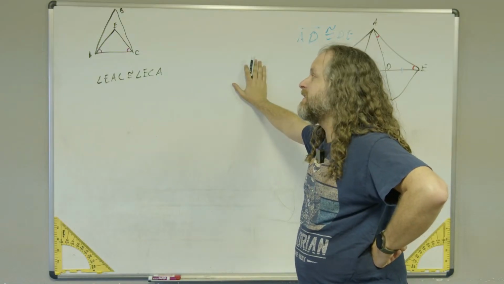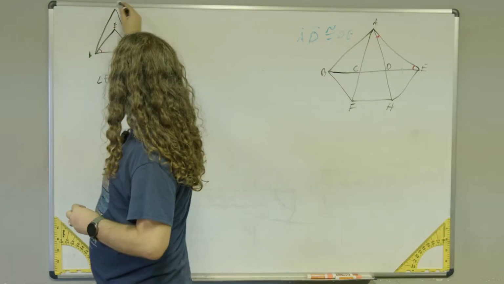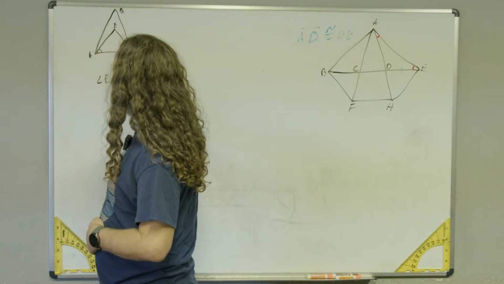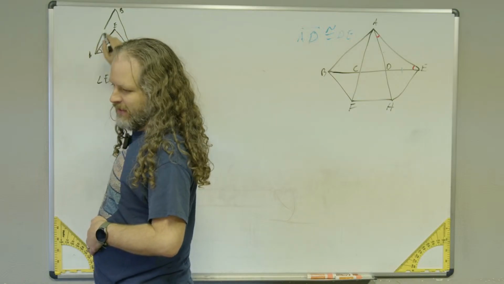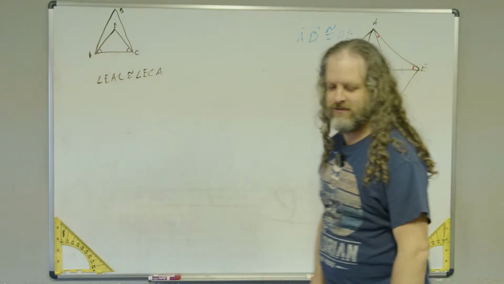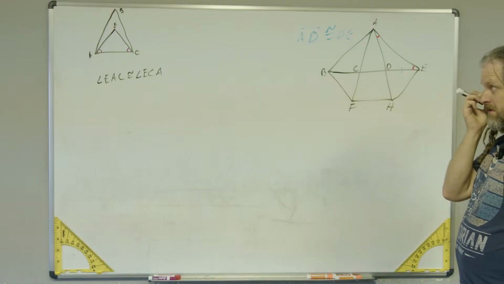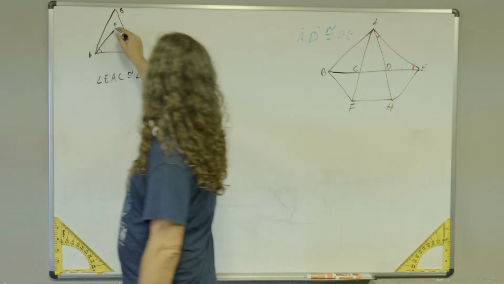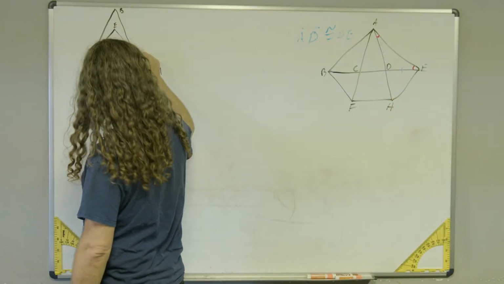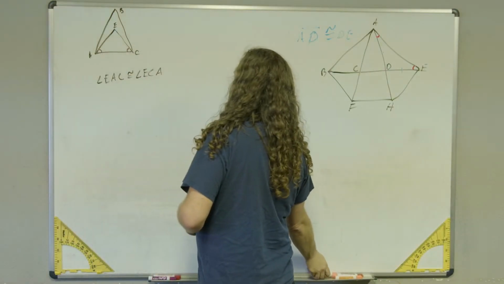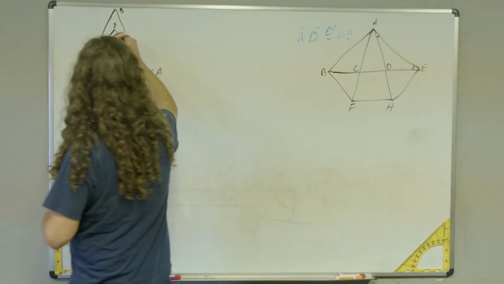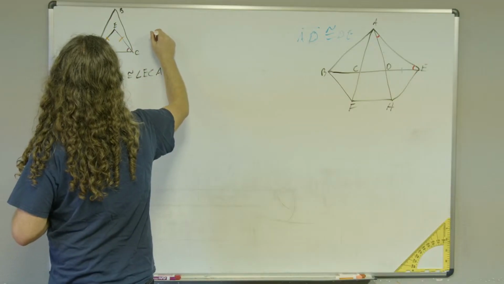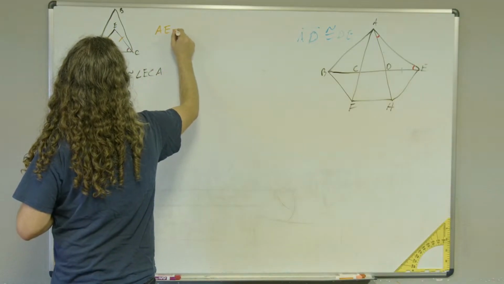Okay, ABC, so ABC is the big one, but we know on number 2 it gives us EAC. So is E in the big triangle or the little triangle? The smaller one. So the smaller one is isosceles. So that tells us something about these sides. So for this, AE is congruent to CE.